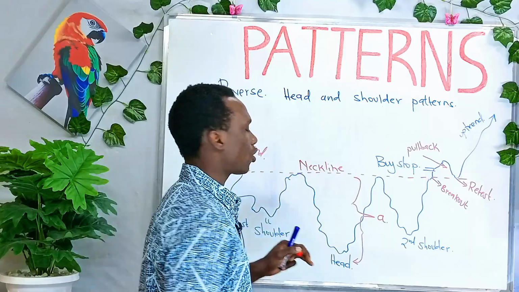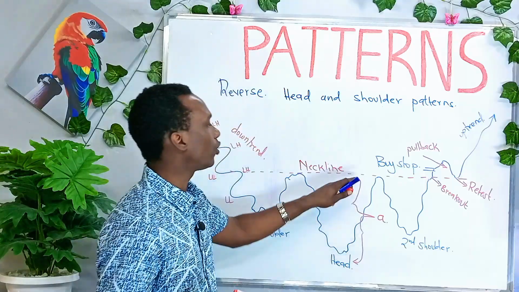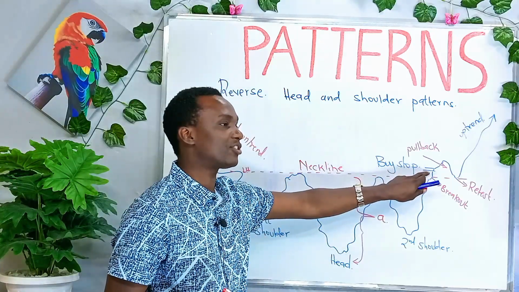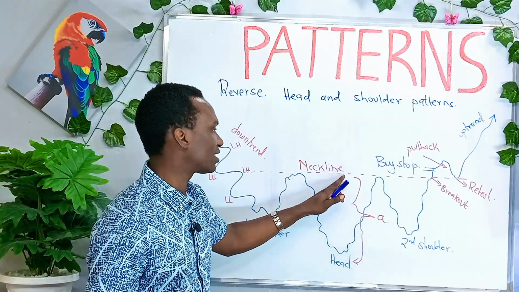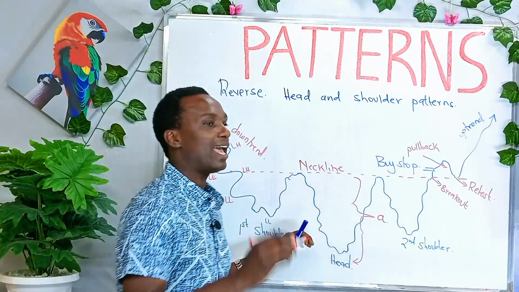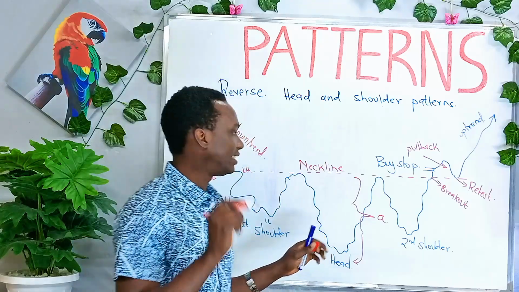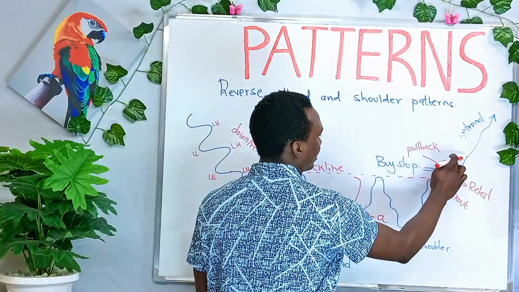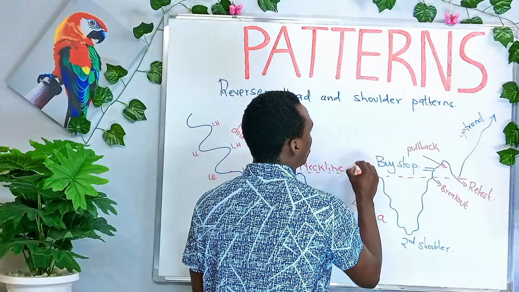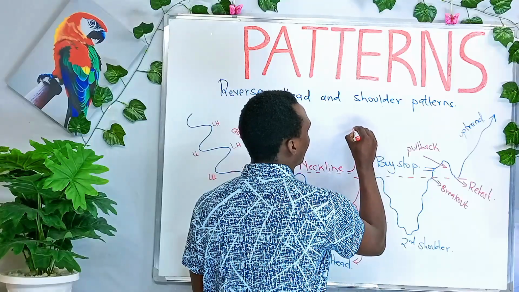All right. So when you want to calculate your TP from your entry here, you will calculate the pip difference between the neckline and the head, and that pip difference will be the distance that the trade will likely travel to your TP, right?